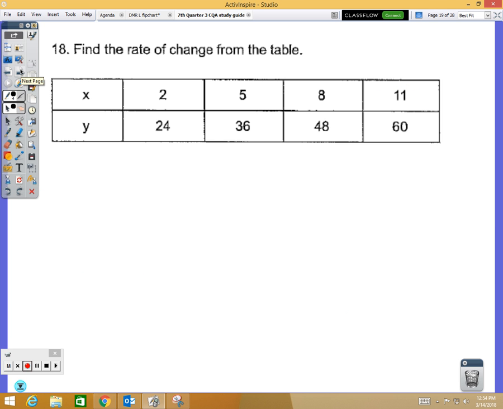Alright, problem number 18. Find the rate of change from the table. So rate of change is just another way of saying slope. Okay? The slope. So what we're going to do is we're going to find the change in y. That's going to be our numerator.